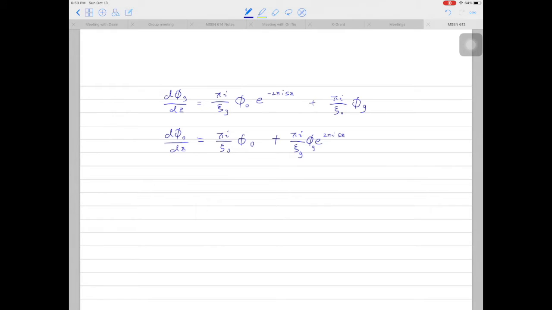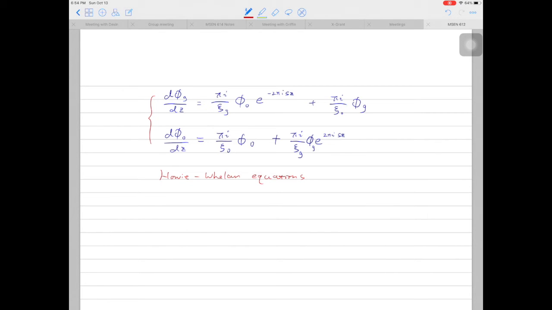Similarly, for the case of d phi naught over dz, you can also express that as a function of sz instead of chi naught minus chi d. These two equations are very important, and there's a name for that. It is called the Howie-Whelan equations.